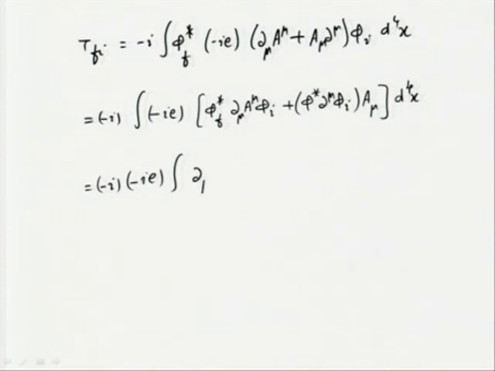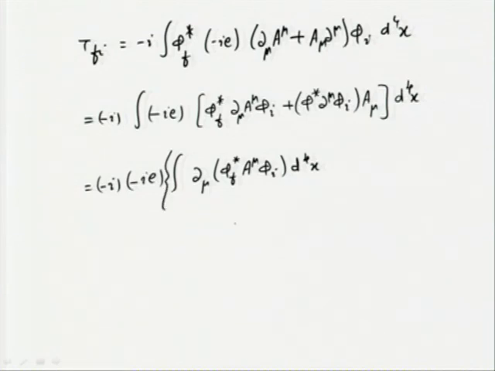So, we will write it as a total derivative acting on all of the terms, phi f star a^mu phi I d^4x. So, let me split this.